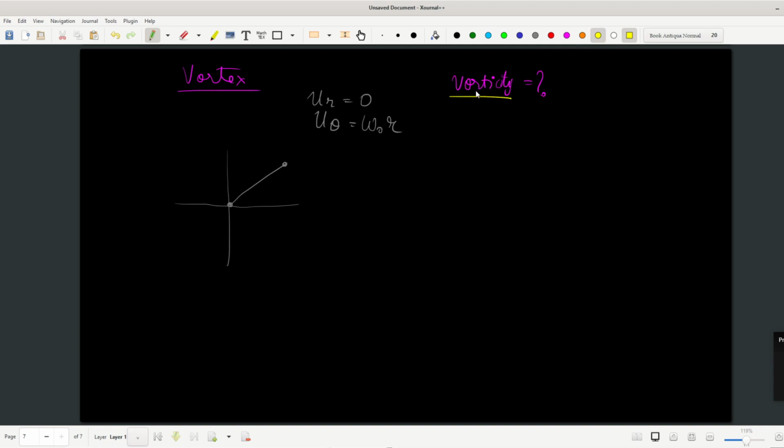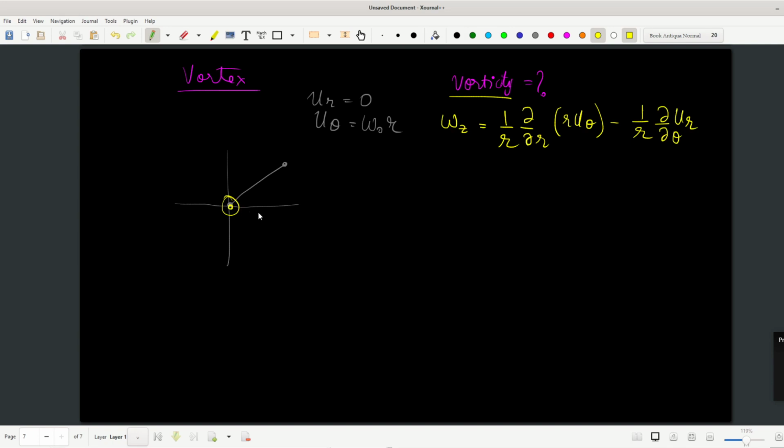Vorticity in Cartesian is much easier to remember, but the moment it becomes plane polar, or rather cylindrical polar, it becomes slightly complicated. I mean, it's not that complicated, and possibly many of you might know this also. It is 1 by r del r of r u_theta minus 1 by r del theta of u_r. This is the formula for vorticity in the z direction.